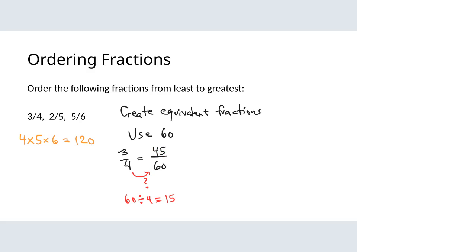All right, now I'm going to do the same thing with 2/5. 2/5 has to become something over 60. Well, what do we multiply 5 by to get 60? I don't know, but 60 divided by 5 will tell me that that's going to be 12. And so we'll multiply the numerator by 12 also.